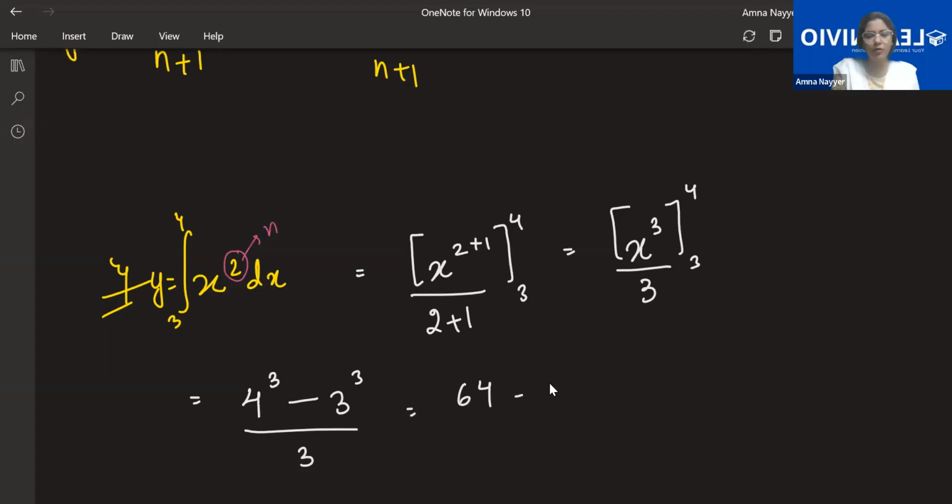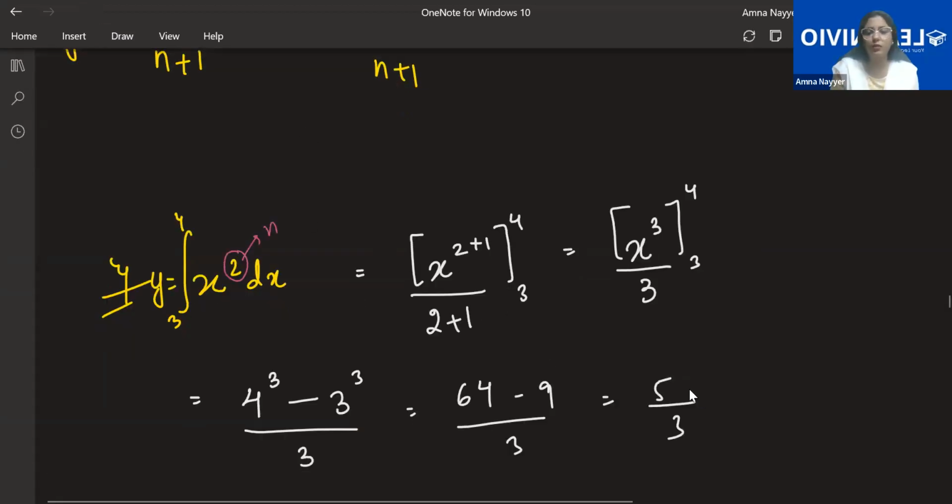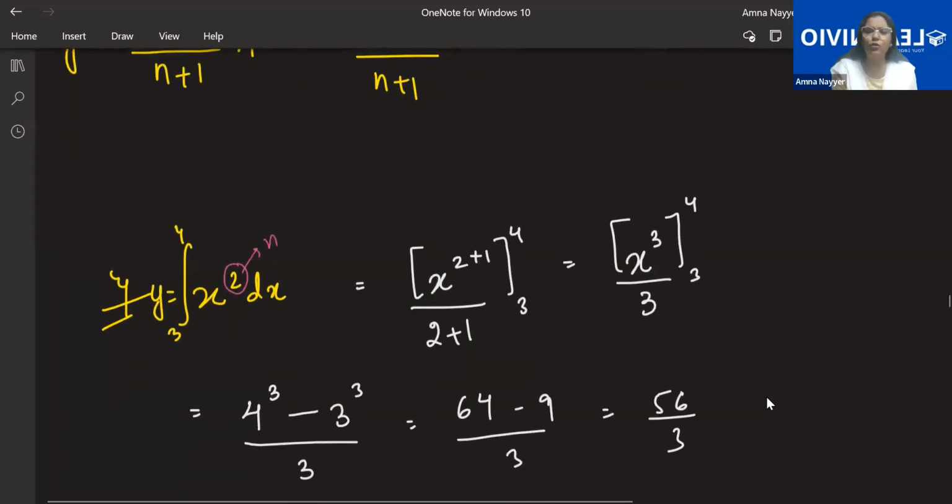This is 64 minus 27 by 3, which will be 37 by 3. Okay, now I'm leaving the answer here because you don't need to write the answers in decimals and all. Just keep your answers till here because your purpose is not to solve these. You have to write it till here.